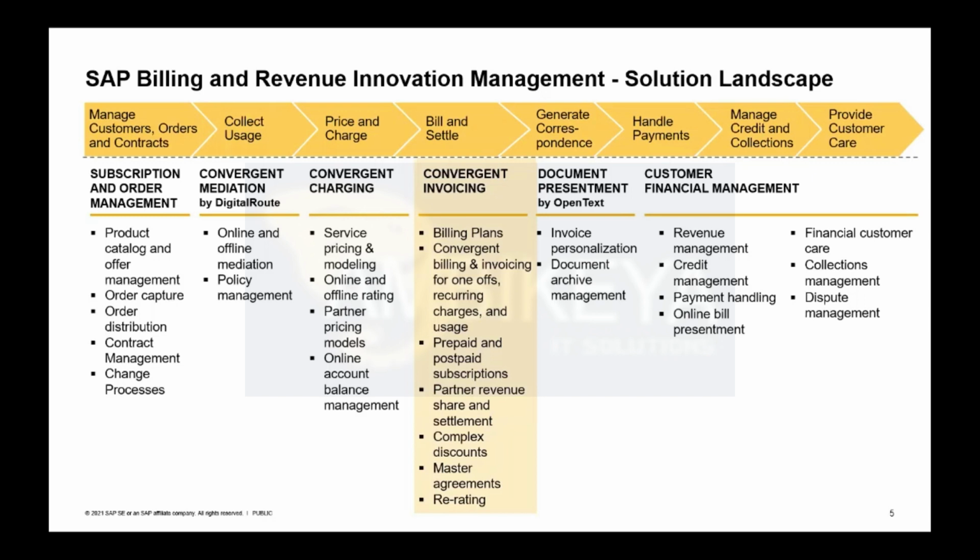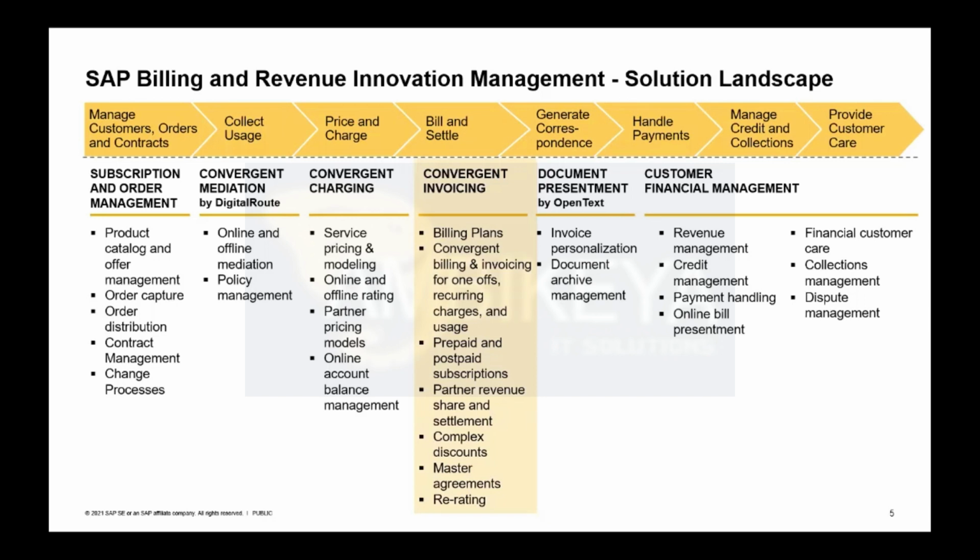The component subscription and order management, so-called SOM, now part of S4, covers these starting steps. We have the product catalog and the offer management there, and we place the customer order in SOM and then distribute the order in the BRIM landscape.